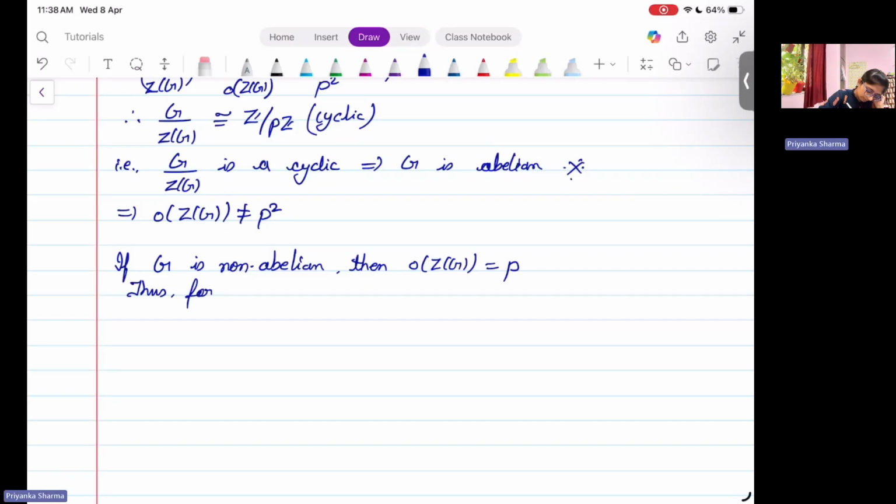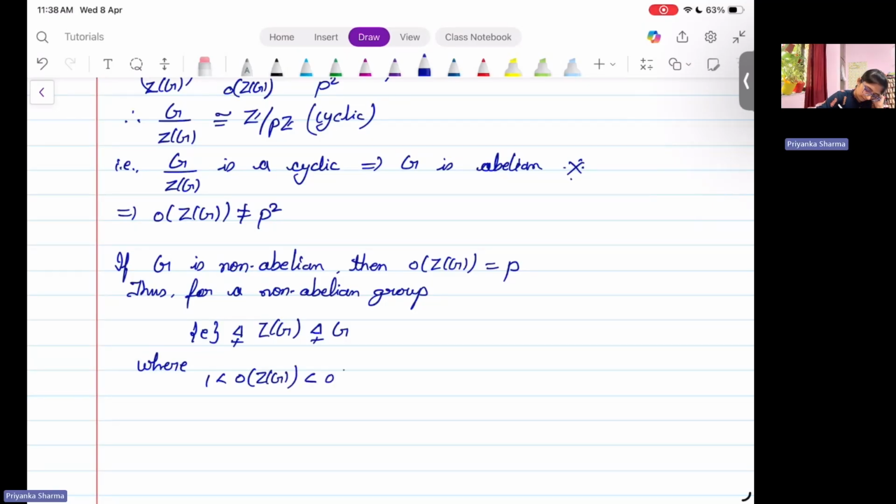Thus, for a non-abelian group, this is the identity, this is Z(G), this is G, where 1 is strictly less than the order of Z(G), which is strictly less than the order of G. And why am I using this notation?